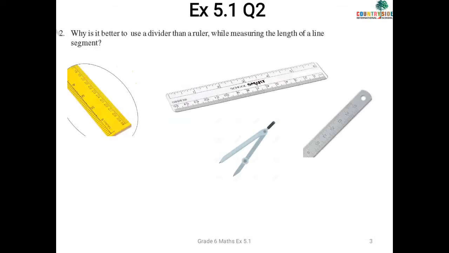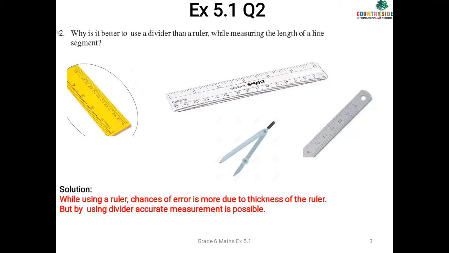For example, this is the wooden ruler, this is the plastic ruler, and this is the steel ruler. The solution is, while using the ruler, the chances of error are more due to the thickness of the ruler. As you can see in the diagram, the thickness of the wooden scale, plastic scale and steel scale is different.